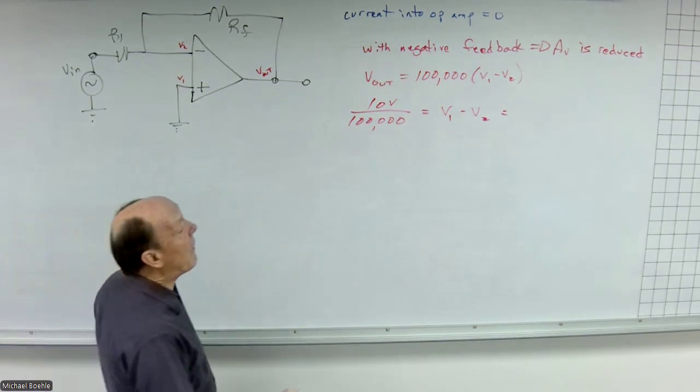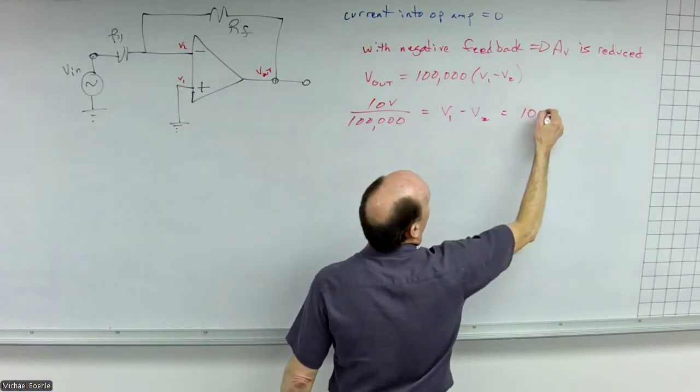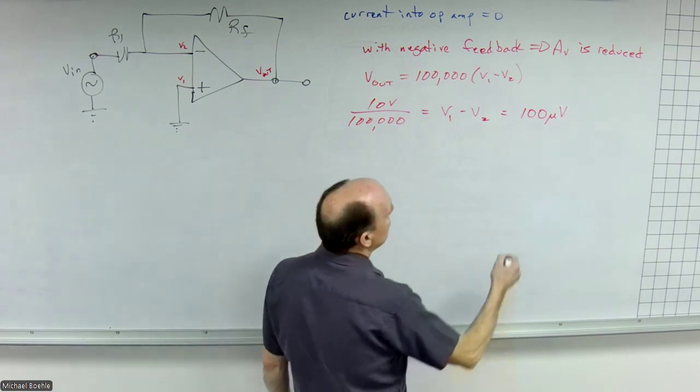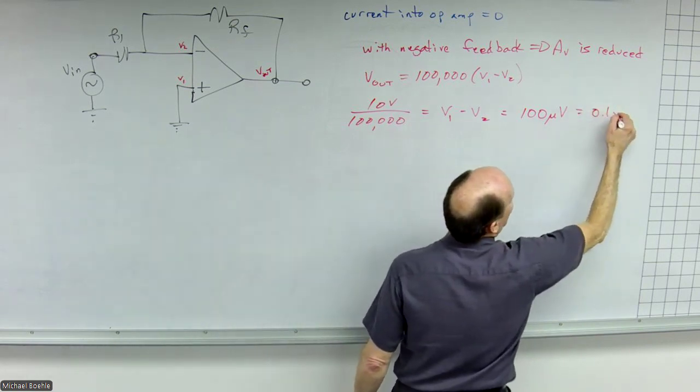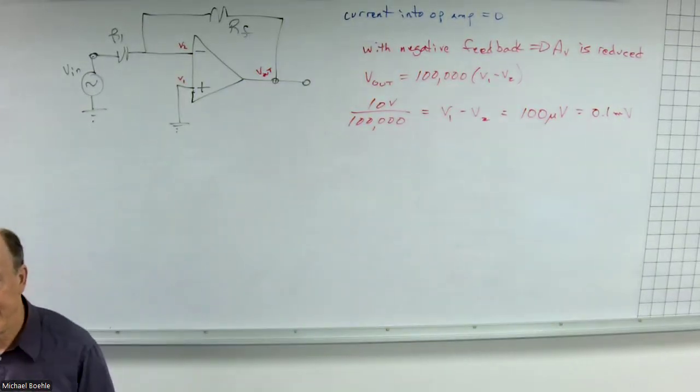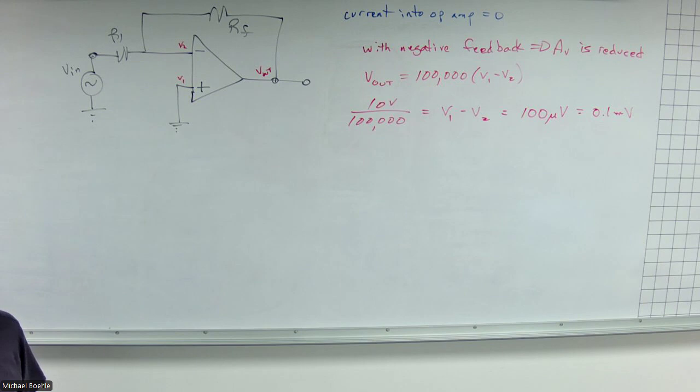If you do that math, that comes out to 100 microvolts, or 1/10 of a millivolt. That's about as low as you can read with our meters, and that's if you go to the 300 millivolt scale. Only then can you get down to a 10th of a millivolt. Otherwise, it might as well be 1.